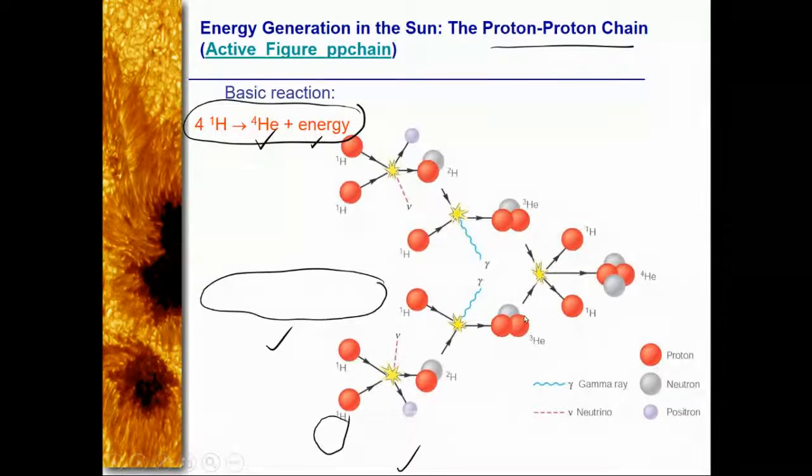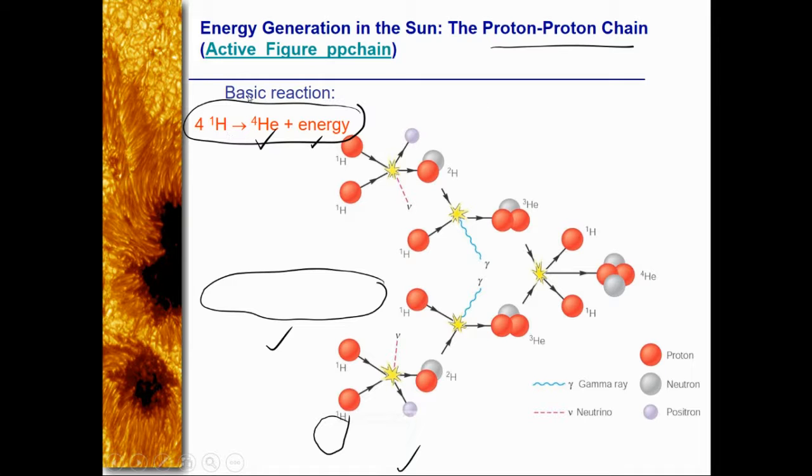Now, 2 helium-3s combine. 2 protons will exit, and then you have helium-4, which is 2 protons and 2 neutrons inside the nucleus. That's why we call it the proton-proton chain reaction.